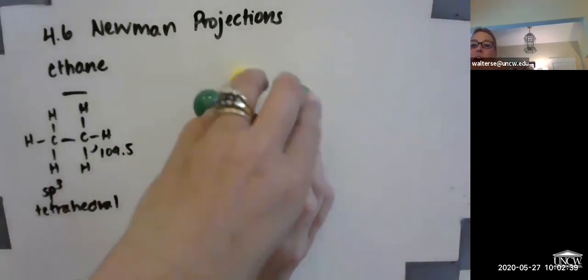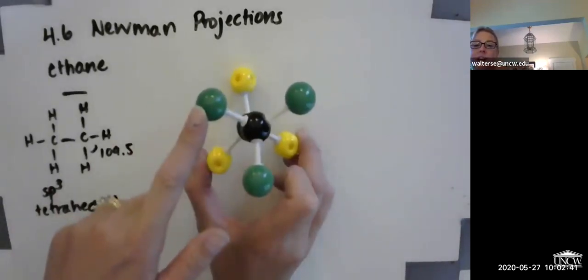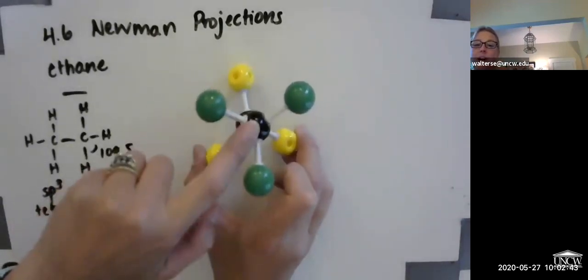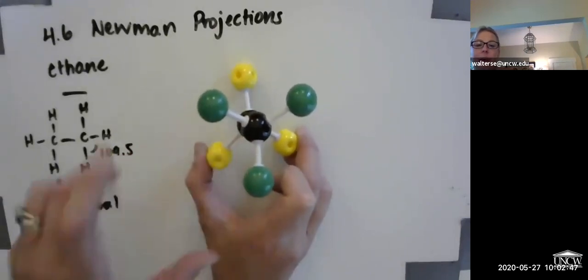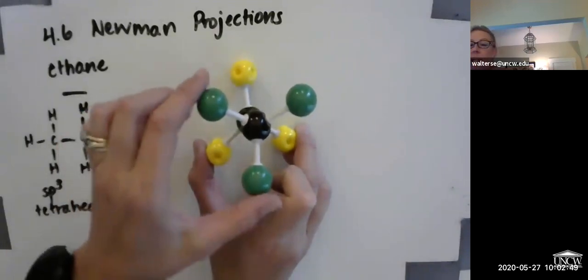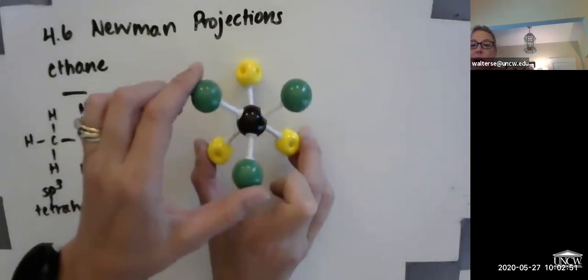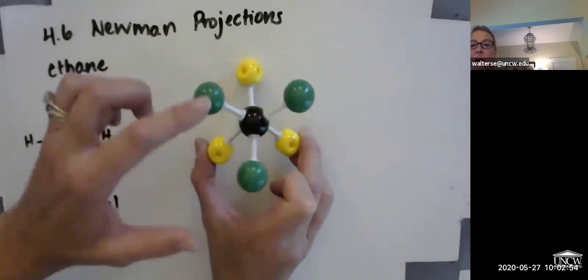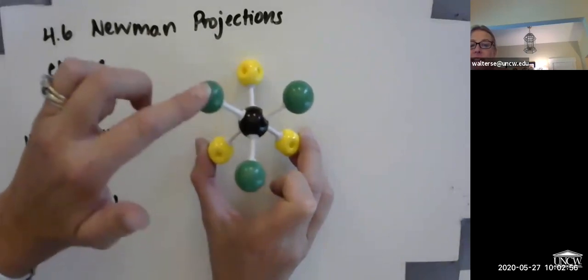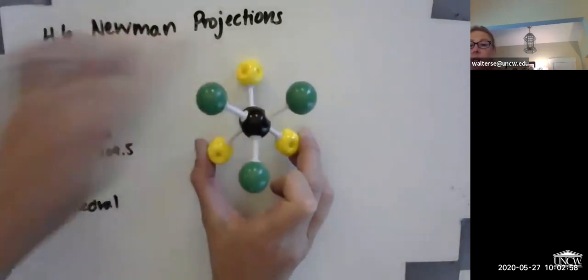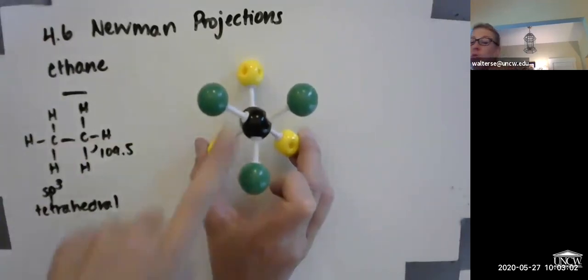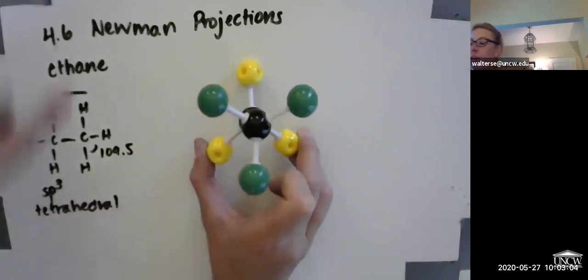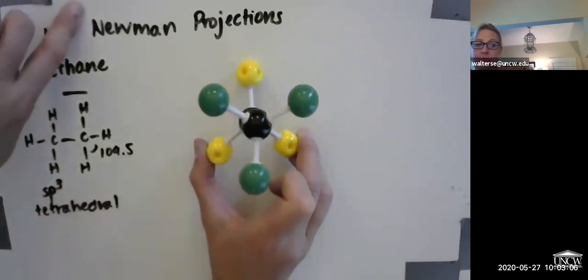So these are the hydrogens in the front. This is the carbon in the front. Then there's a carbon in the back, hydrogens in the back. So when you look down this carbon-carbon bond, you see the relative spatial placement of these hydrogen atoms in green relative to those hydrogen atoms in yellow. And when you draw this orientation, it's called a Newman projection.